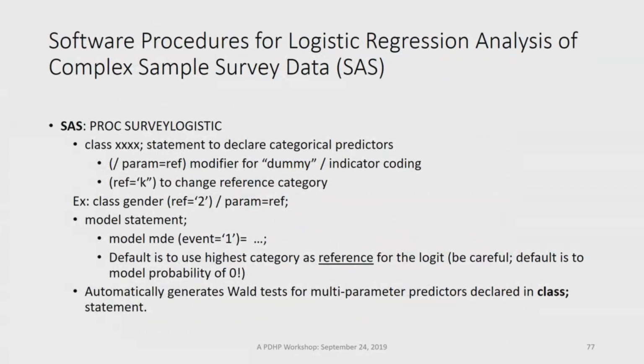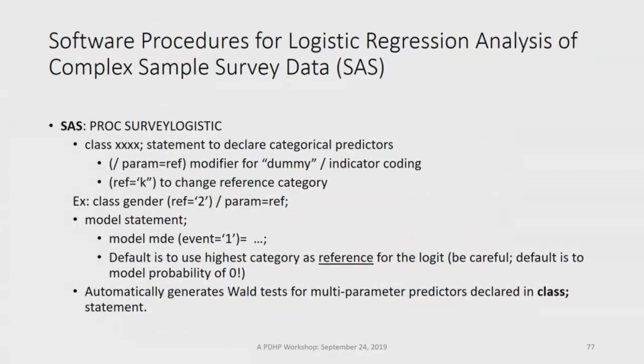Then in the model statement, by default, surveylogistic will model the probability of a 0. This is another key thing for SAS users to be aware of. I had a lot of clients who would come in a couple years ago and be like, why is every single coefficient in my model backwards compared to what I would expect? It's because by default, surveylogistic models the probability of a 0, as opposed to a 1.